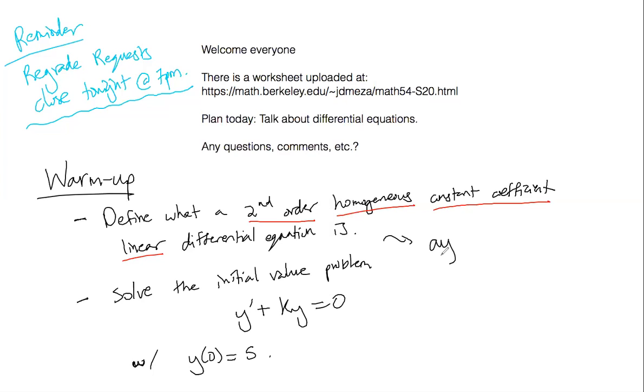So a general second order homogeneous constant coefficient linear differential equation looks like this. So what does each term mean? Second order means that there's at most two derivatives.